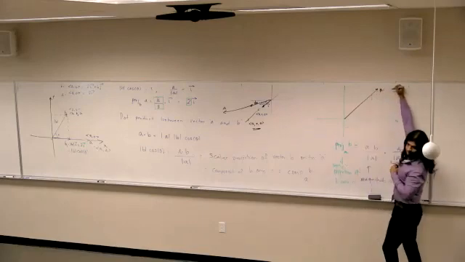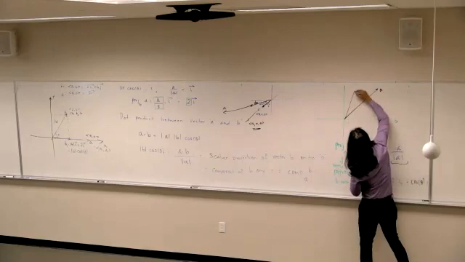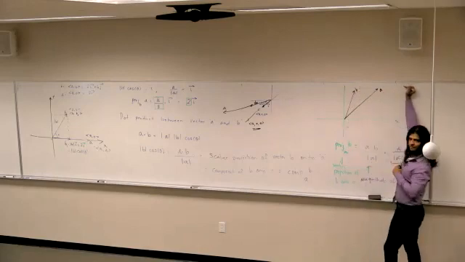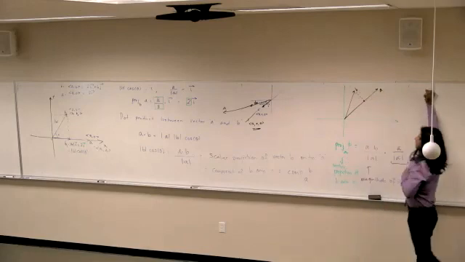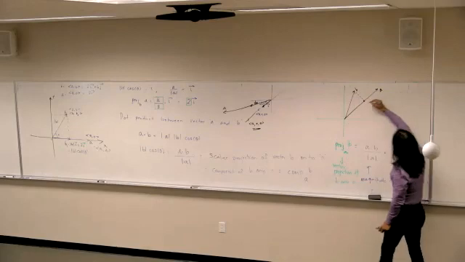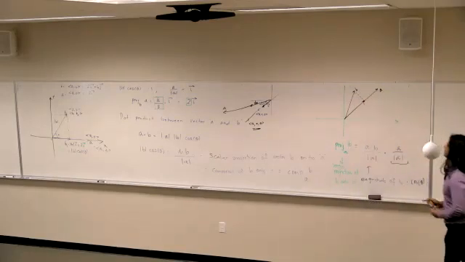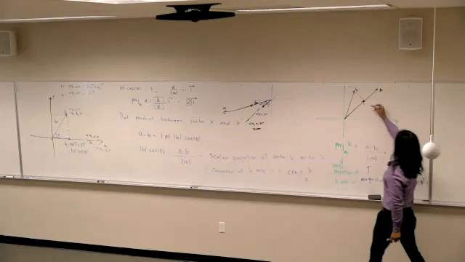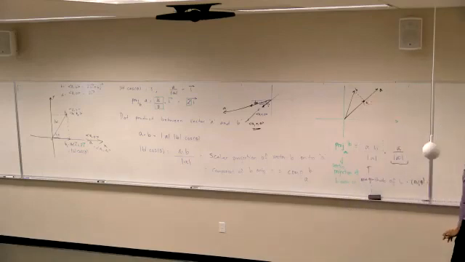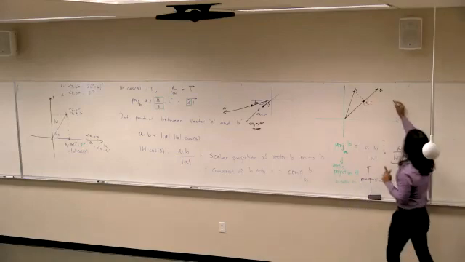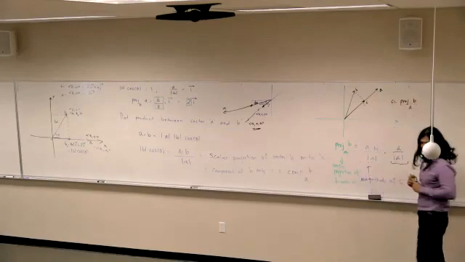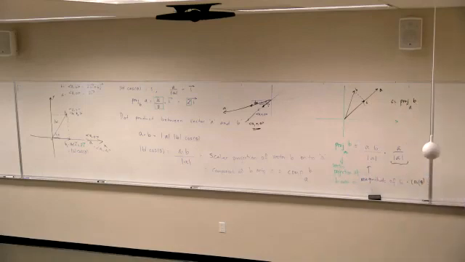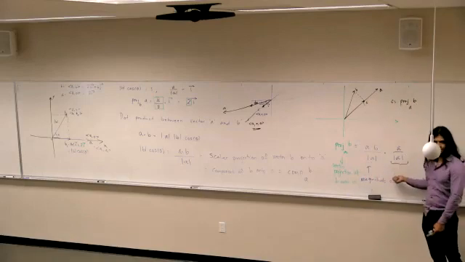Some vector A, some vector B, projection of B onto A. I'll call it C. C is the projection of B onto A. The component would simply be the magnitude, agreed.